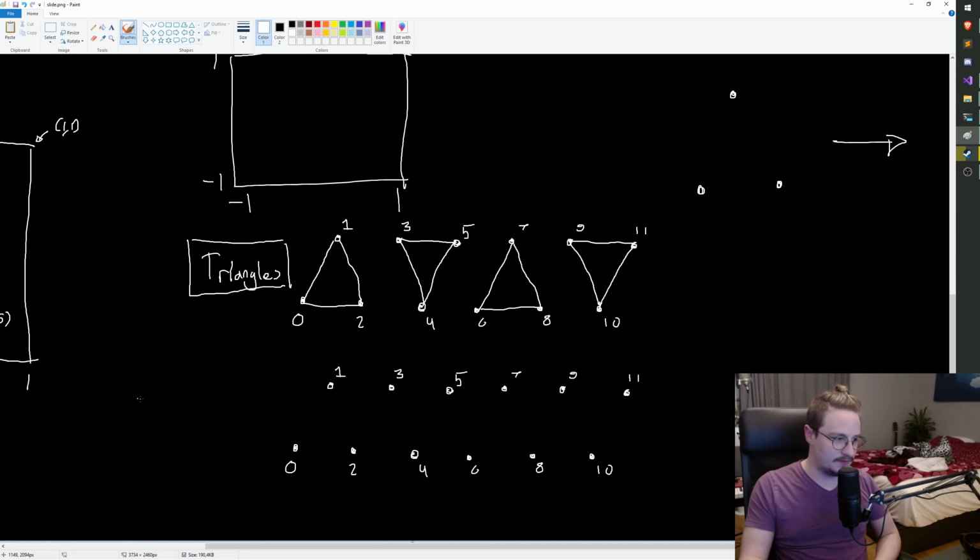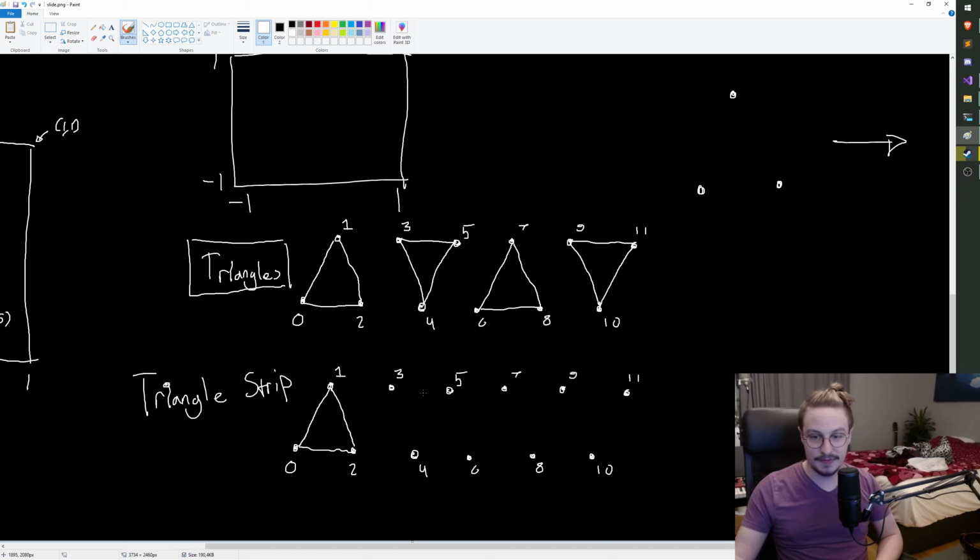One is triangle strip. The way this works is that it starts the same as the triangles algorithm. It takes the first 3 and makes a triangle. However, after that, it won't take the next 3.